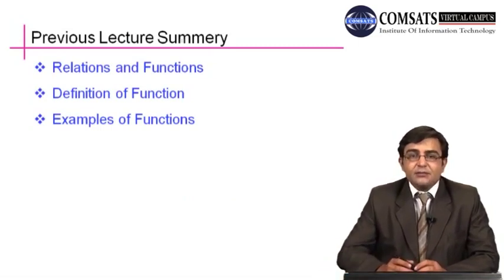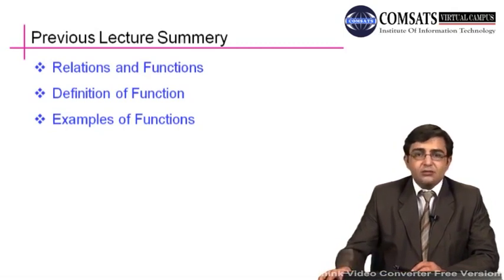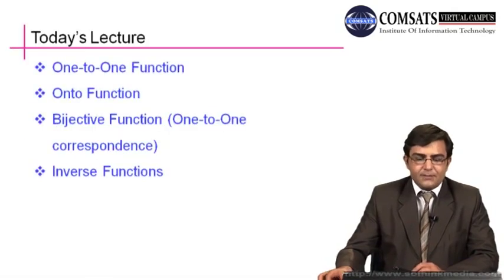We have seen some examples of functions, and we have also discussed some conditions under which a function is not well defined. Today we are going to continue our lecture on functions.